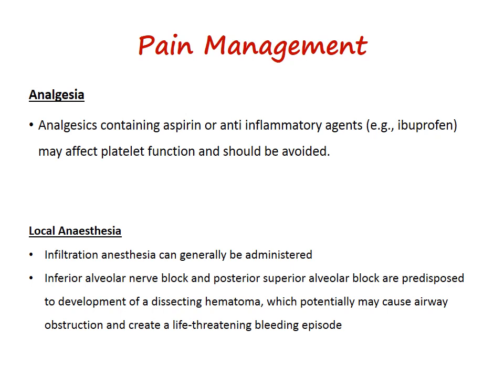which potentially cause airway obstruction and create life threatening bleeding episodes. So when you're giving inferior alveolar nerve block and posterior superior alveolar nerve block, you have to be very careful and you need to do aspiration in all 4 planes before you give the anesthesia, because if it is not done properly, there might be chances of hematoma formation, which is more common in posterior superior alveolar nerve block.